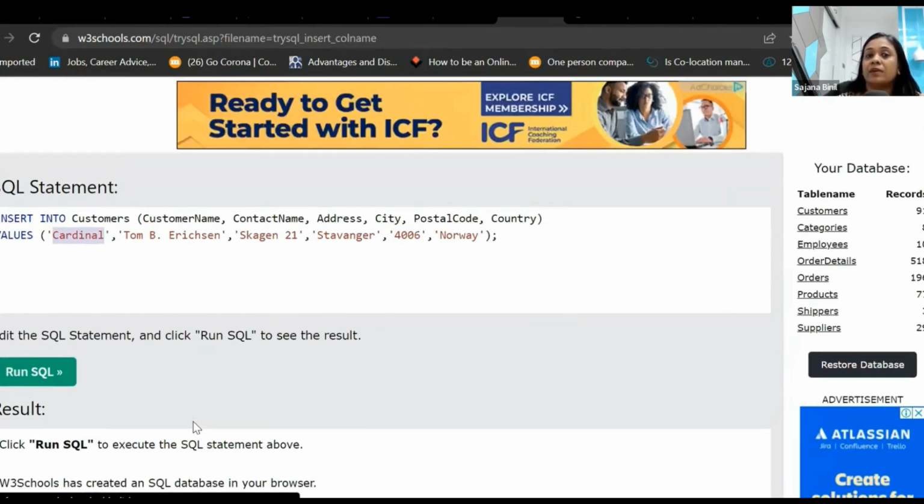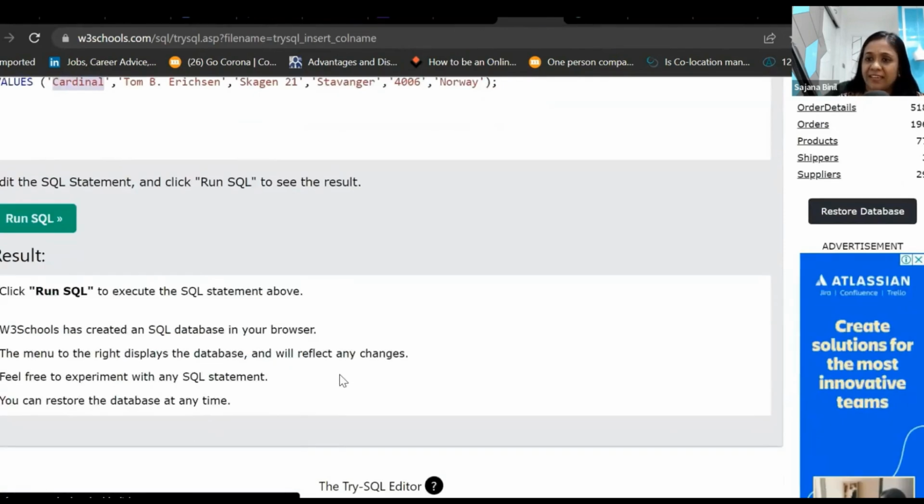For every SQL command, there is a way in which a query can be run in the backend. Throughout this website, they are just playing around with the customer database. They have created one table called customer, and they allow you to manipulate that database, insert records in it, update it, delete it, and all of that.